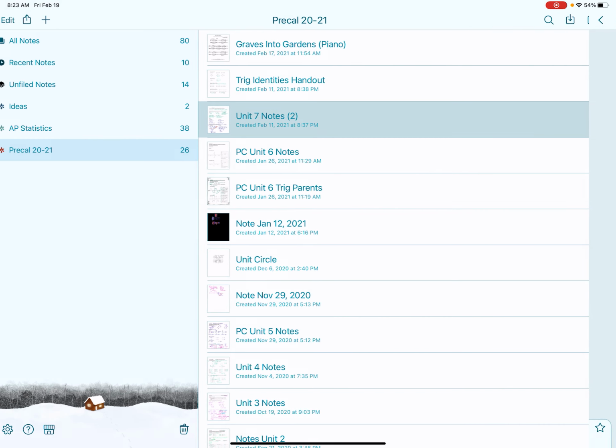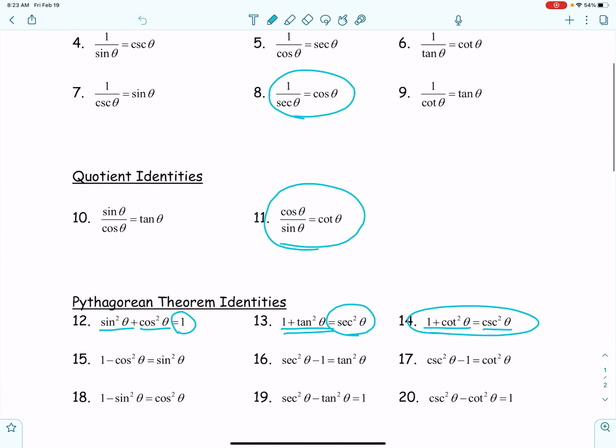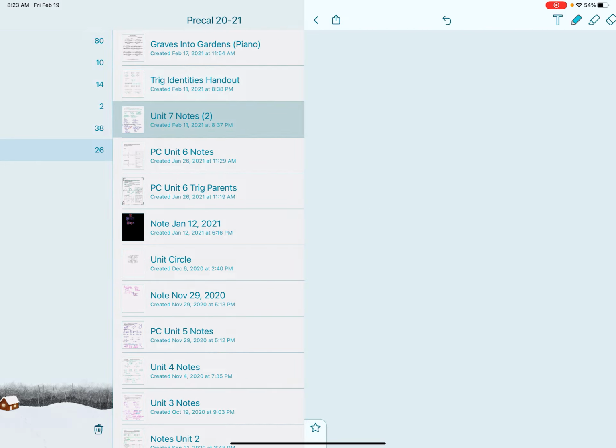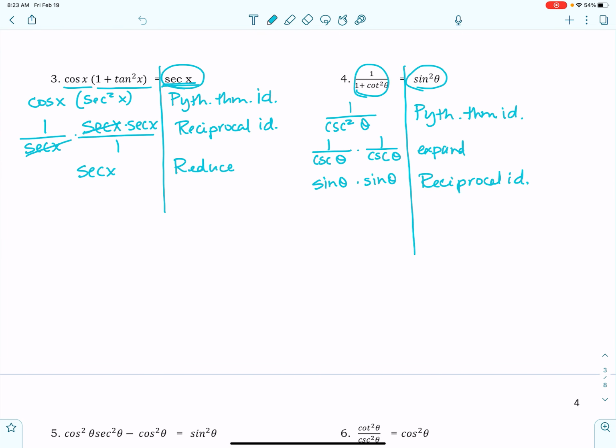If you don't believe me, I'll show you. Reciprocal identity right here. Then of course, I can just multiply that, and if you did this step, you would say that you multiplied. No big deal. Easy peasy, lemon squeezy.